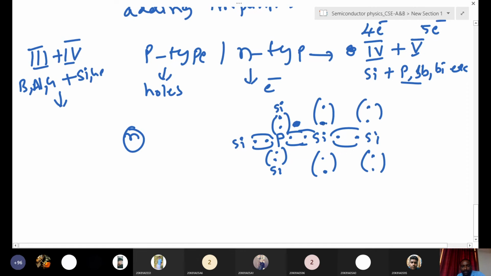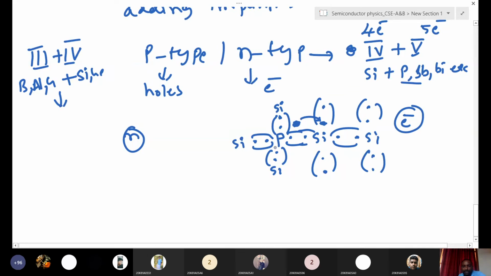This electron replaces another electron in a covalent bond, and again we get a free electron. One electron made a covalent bond, but still one extra electron is there.